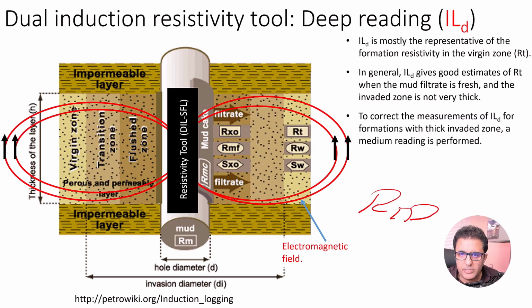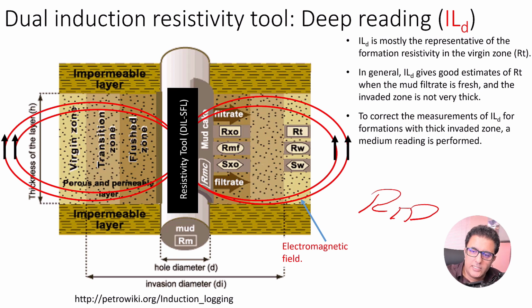So as I mentioned, the deep reading of dual induction log will be indicated by RID. I here stands for induction, so R means resistivity, induction, deep. So as you see here, when we have deep measurement, this electromagnetic wave not only passes through the virgin zone, but also it passes through the flushed zone, and also transition zone. So what's happened?